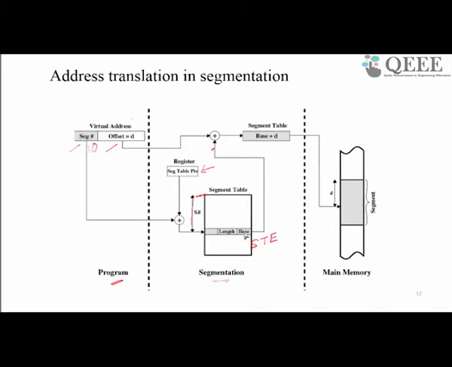During this part you should also check whether the offset D is less than the length, because otherwise you are trying to refer to a word outside the segment. Once it is generated, this is where in the main memory the segment is present. This is the base address and this is the offset with regard to the base address. You go and retrieve the word from the corresponding location.